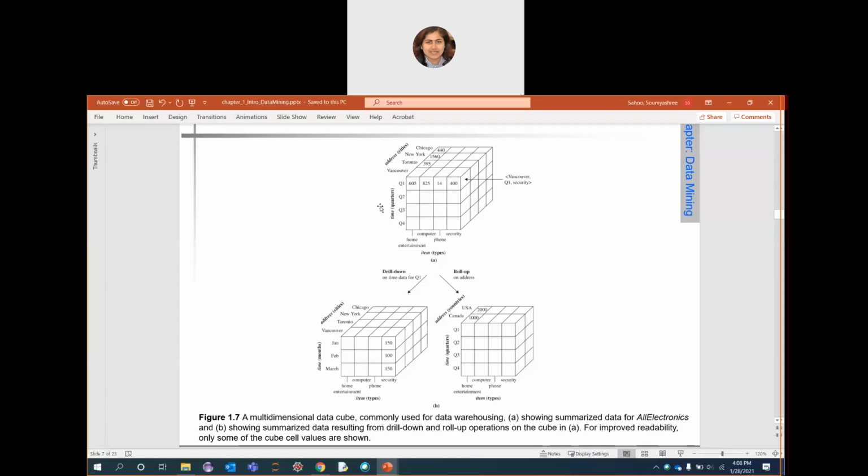It was in quarter, it is on month basis. Similarly, if we roll up, the data is summarized by the country name basis. You are not going to see a particular application, just have to understand what is a data warehousing system mainly.